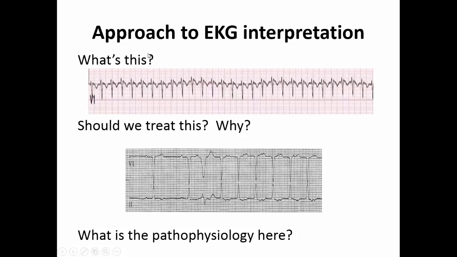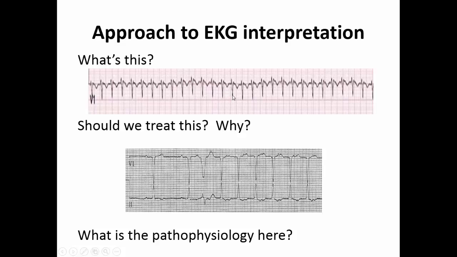All right. What's this? Looking at the top strip. Again, if you take a look at this, I really don't see a P wave. It looks pretty regular. Doesn't look like there's much change in the interval between the RRs. So it's rapid, regular. I don't see a P wave.